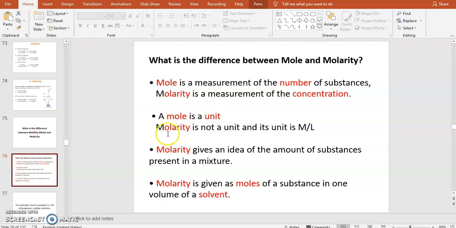Molarity is not a unit; it's two units divided by each other, moles over liter. Molarity gives you an idea of the amount of substance present in a solution or mixture. Molarity is given as moles of substance in one volume of solvent, which is 1 liter.